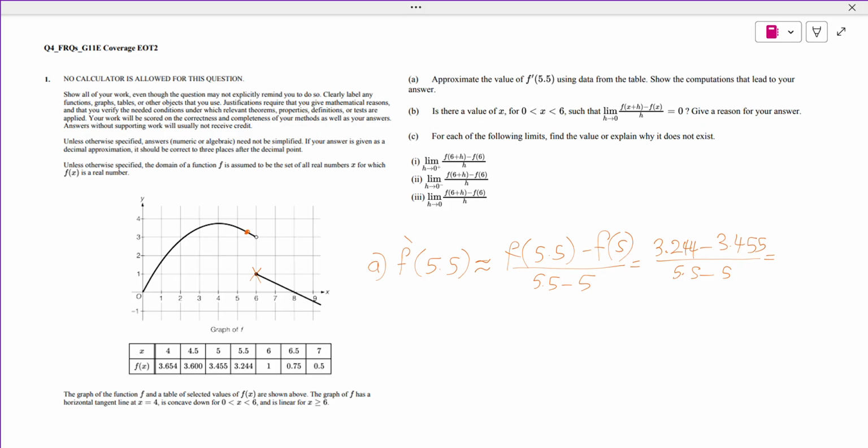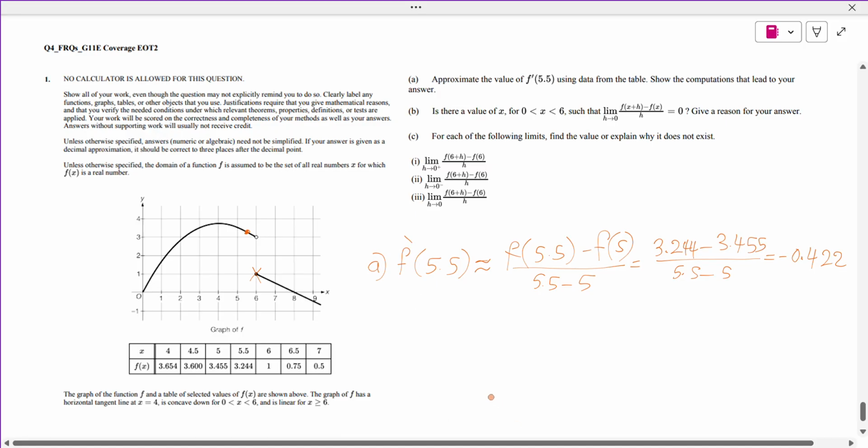Negative 0.422, I guess. Let me have a look. Negative 0.422. Okay, so this is the first part.